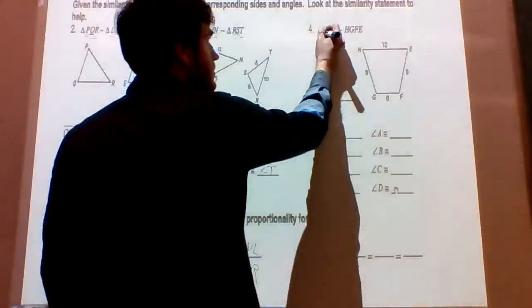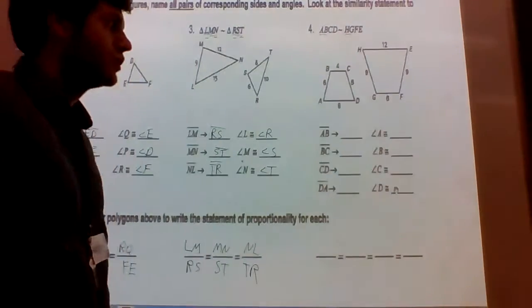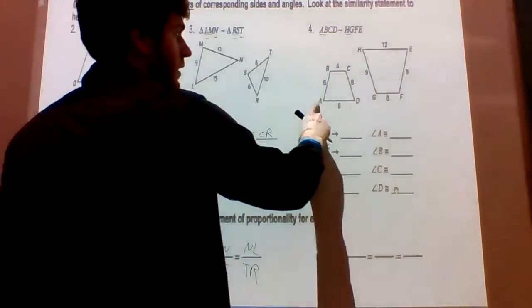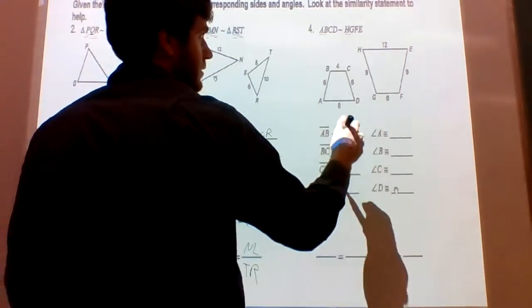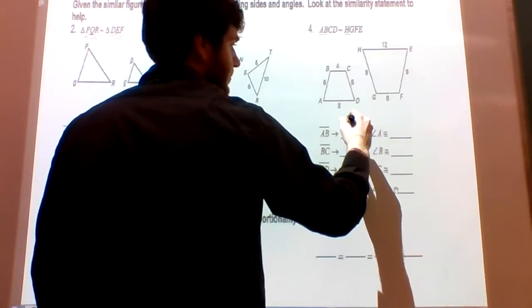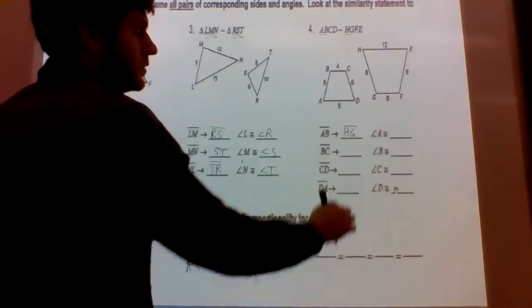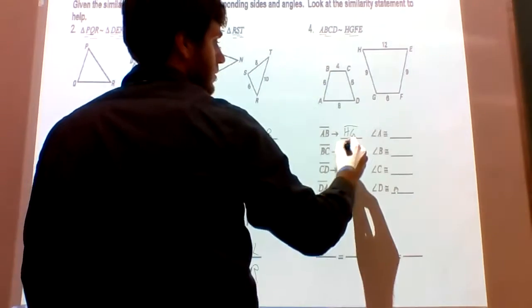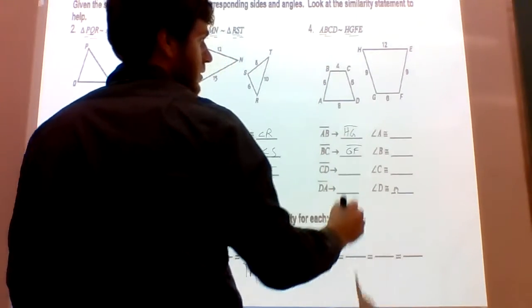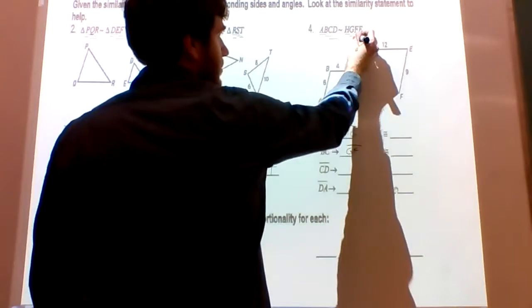AB corresponds with HG. AB and HG. So it's rotated around 180 degrees. BC is going to correspond with GF, so the 2 in the middle. CD is the last 2, so it's going to correspond with FE.